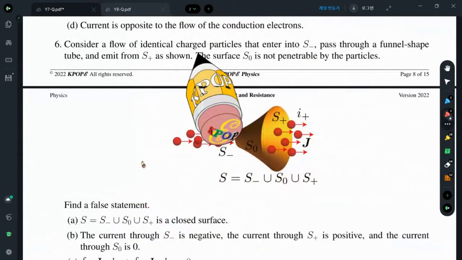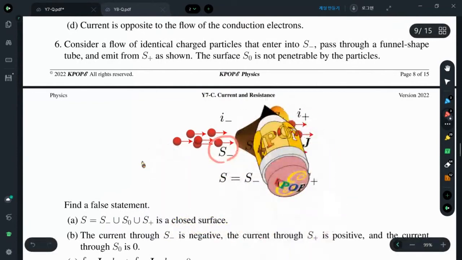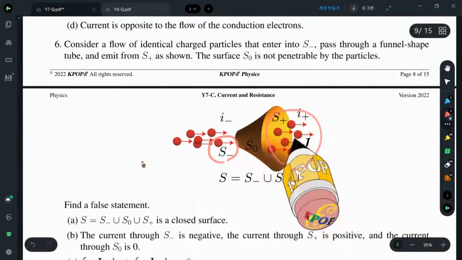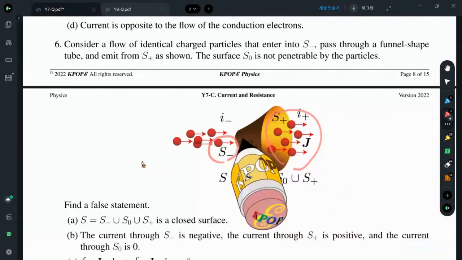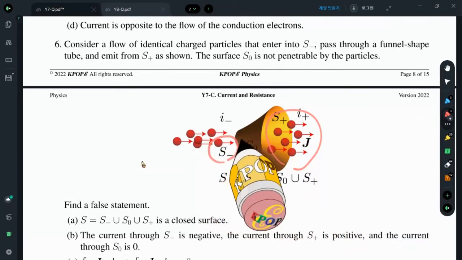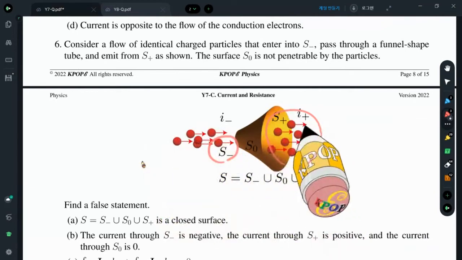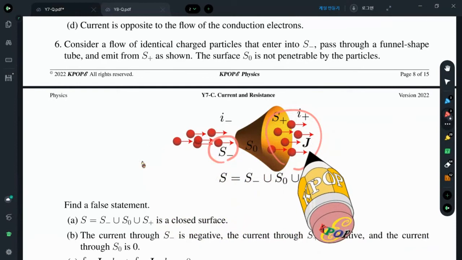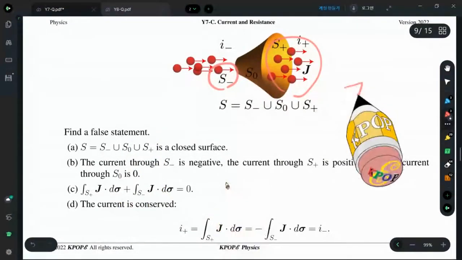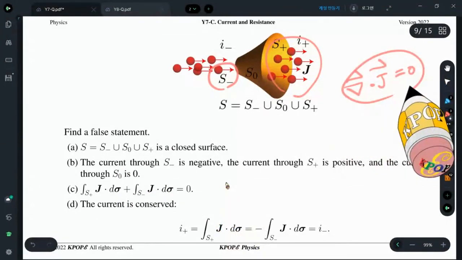Consider the flow of identical charged particles that enter S minus. It's a kind of funnel, and it passes through this side. This is a wider area, the smaller cross-sectional area. We remember, if it is narrow, the flow comes in fast. If it is wide, the flow comes out slowly. Anyway, we are still working on the situation divergence J equals 0.